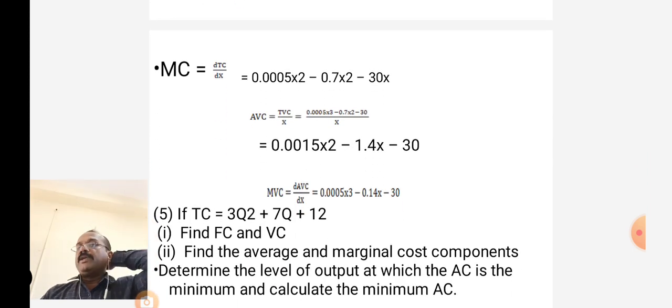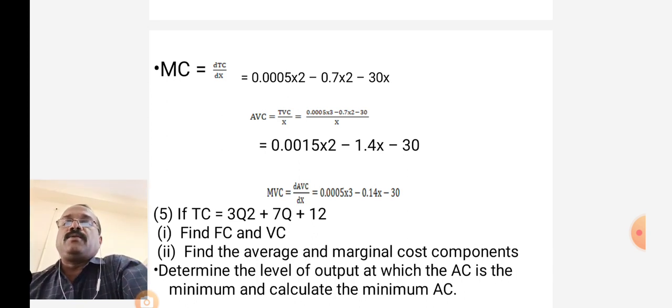When we move on to the marginal cost, we derive it under this function, that is dTC divided by dx, equals 0.0015x² minus 1.4x minus 30. This is what MC is all about.